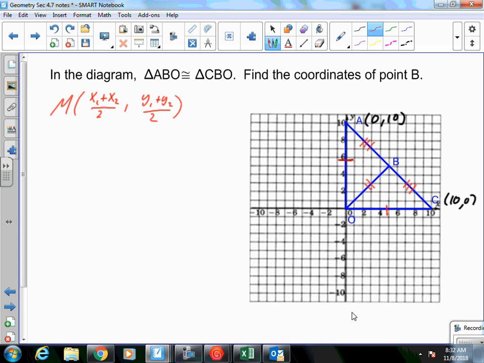So, point B, we're using coordinates of A and C, so (0, 10) and (10, 0). For the X's, it's going to be 0 plus 10 divided by 2. And for the Y's, it's going to be 10 plus 0 divided by 2.